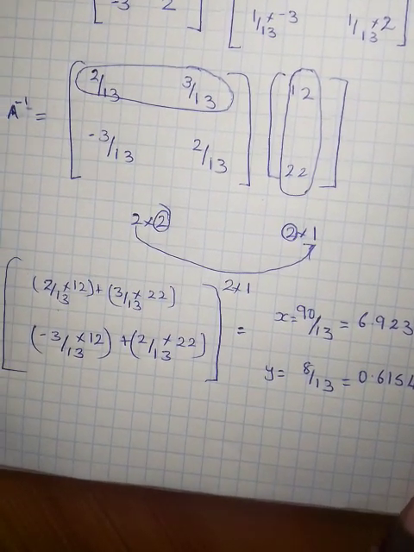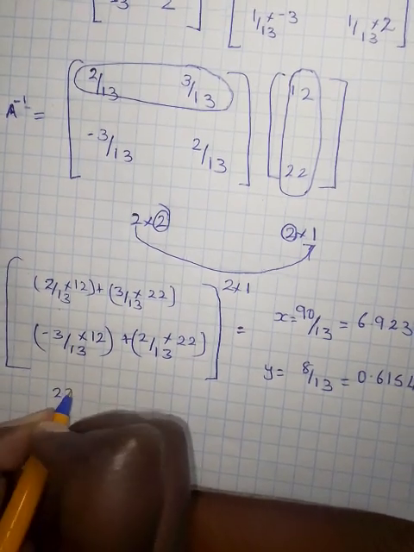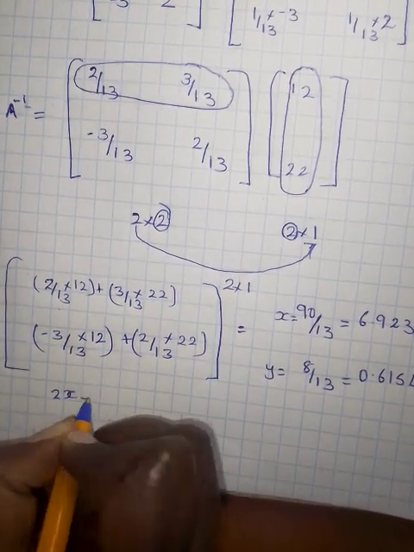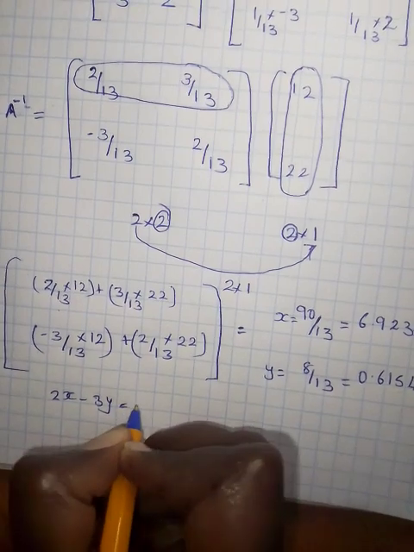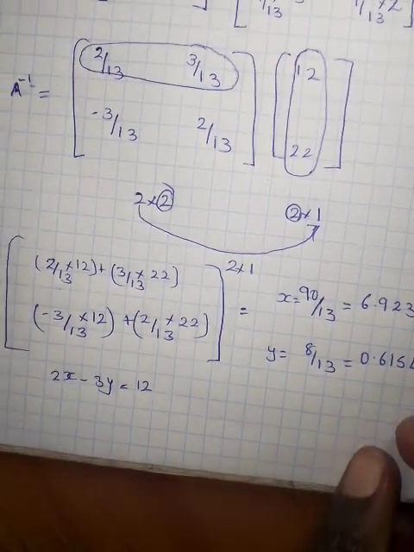Now we had the equation of 2x minus 3y equals 12. We replace the numbers.